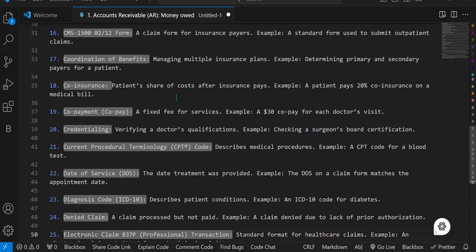With that National Provider Identification Number, we can tell that the provider is a valid doctor. If that provider does not have the NPI number, then he is not a valid doctor. These are the things we have to remember.